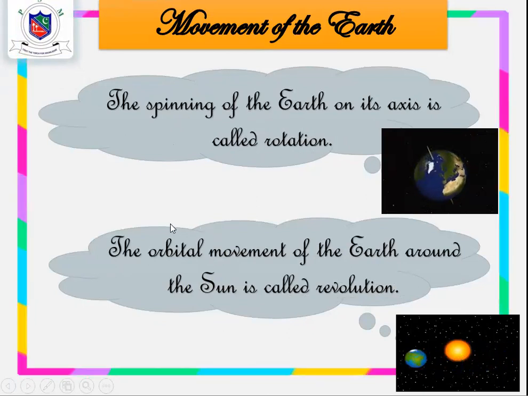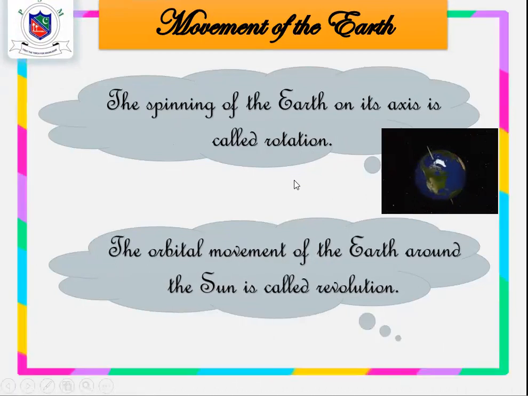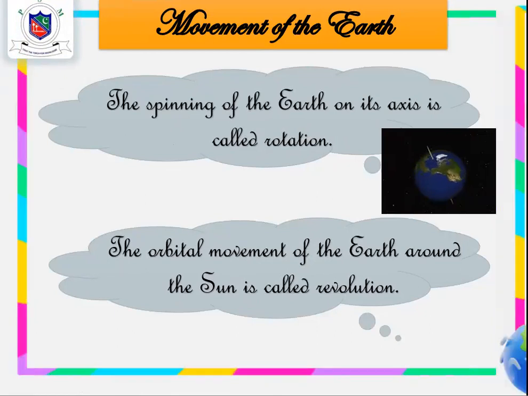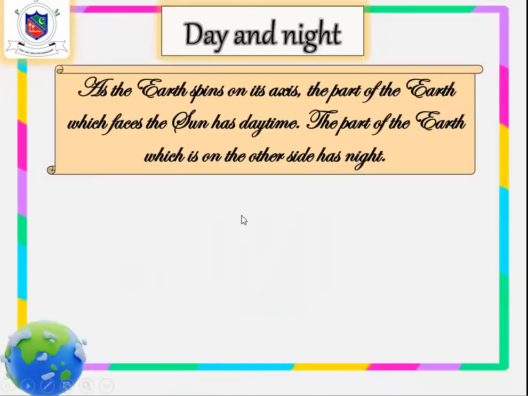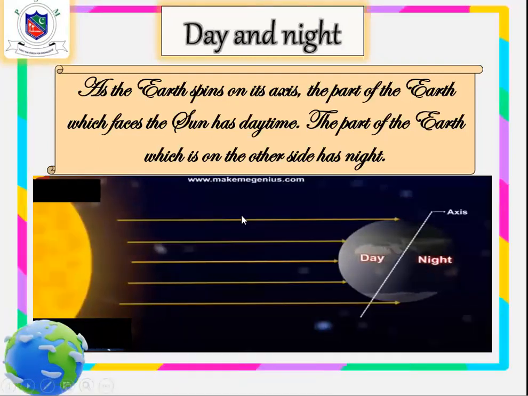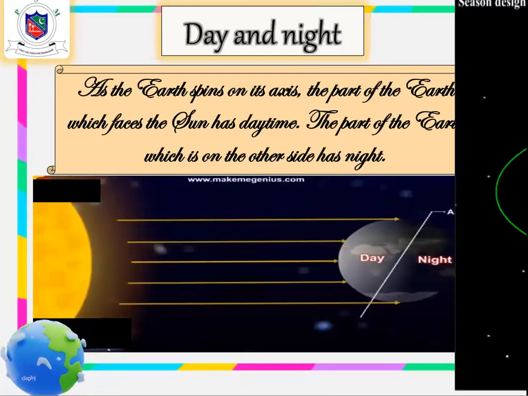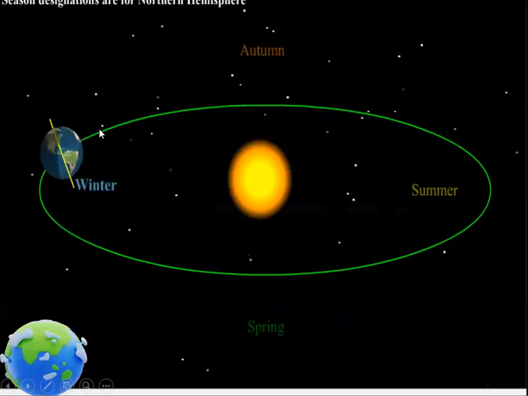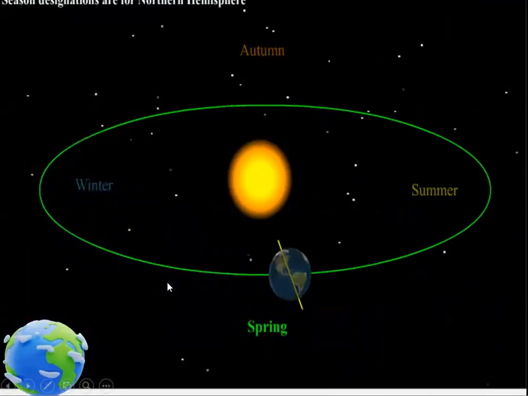And when there is an orbital movement, which is moving around the sun, it is called revolution. Rotation causes the changes of day and night. It takes 24 hours. An orbital movement causes the seasonal changes.